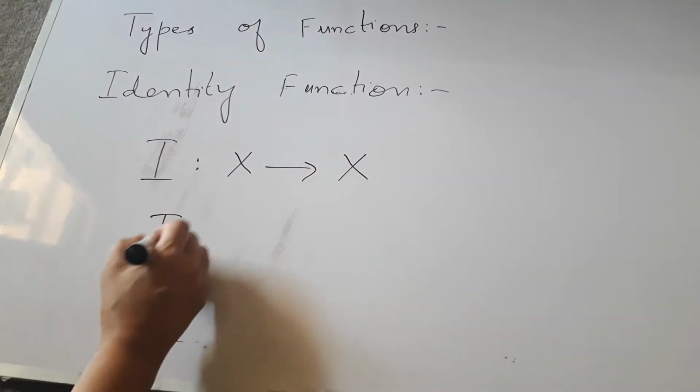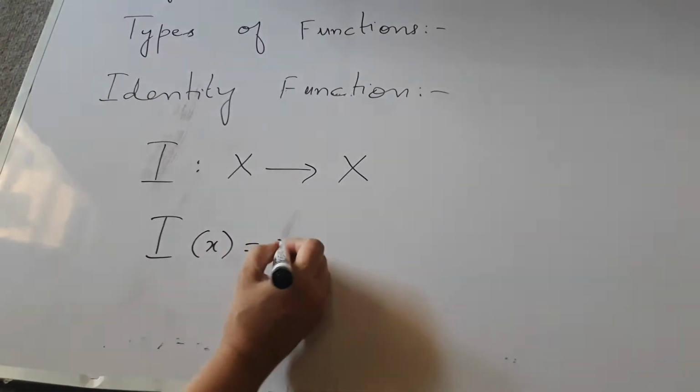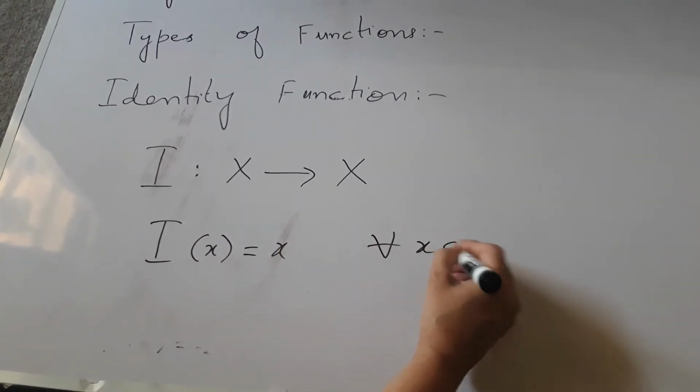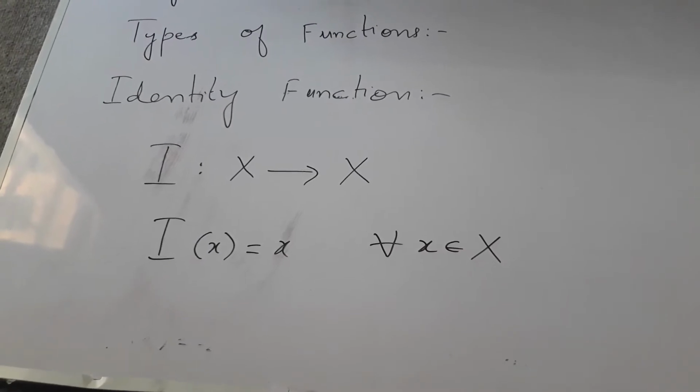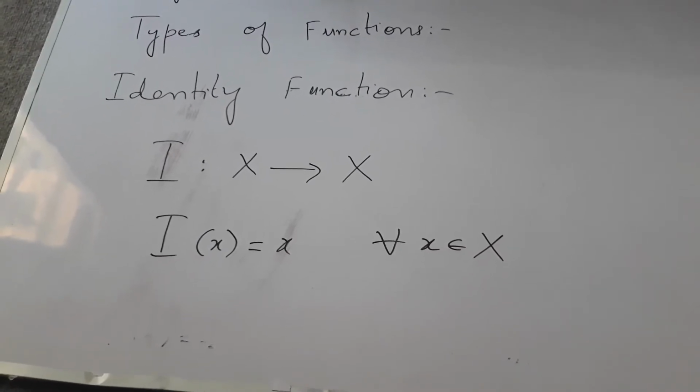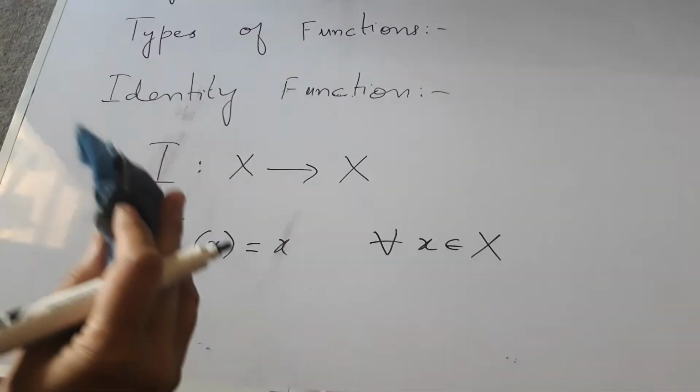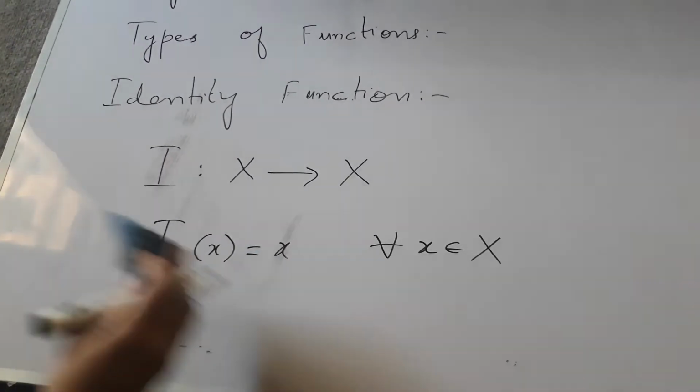It is defined by I of x is equal to x for all x belonging to X. Then we have the constant function.